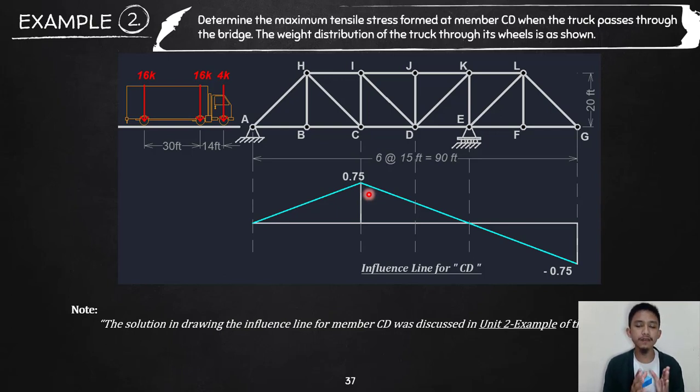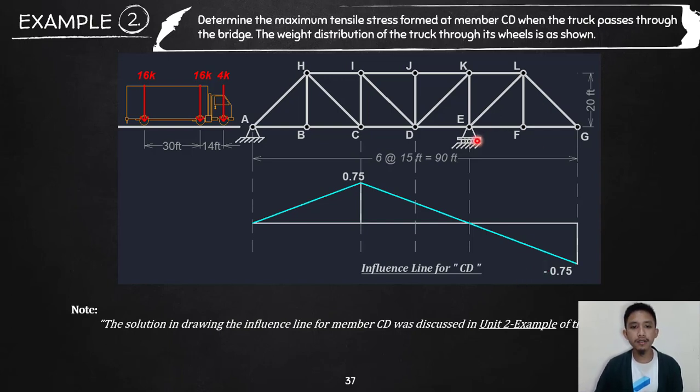Even if I know that it will be a compression at a certain position of the member, I will always assume that to be positive. Later on, the influence line diagram will dictate if it will become compression, due to the location of your ordinate. If that is on the negative, then it means when the load is at that location, your member will be under compression. So again, positive will be the tension.